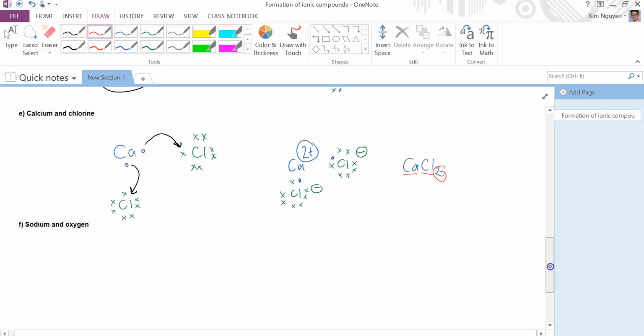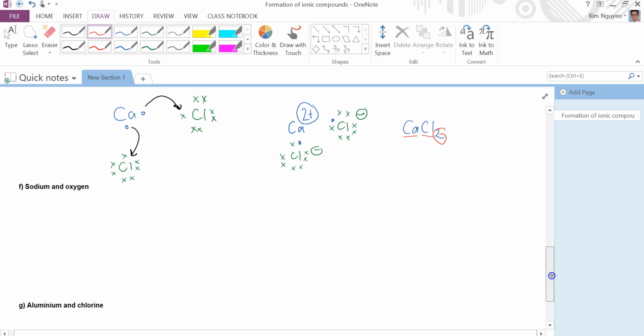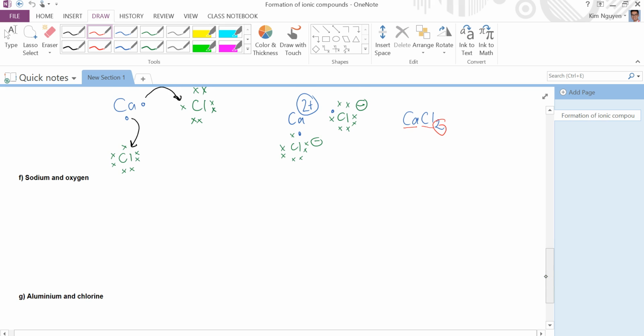Alright, so sodium and oxygen is similar to calcium and chlorine. You can pause this video. I'll work through it quickly. Okay, so sodium, 1 electron in its outer shell. Oxygen has 6 electrons. Now sodium, each 1 sodium atom can only transfer 1 electron, which means we need another one.